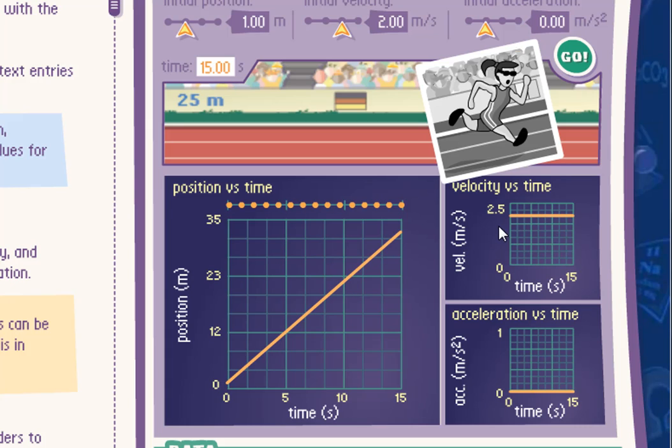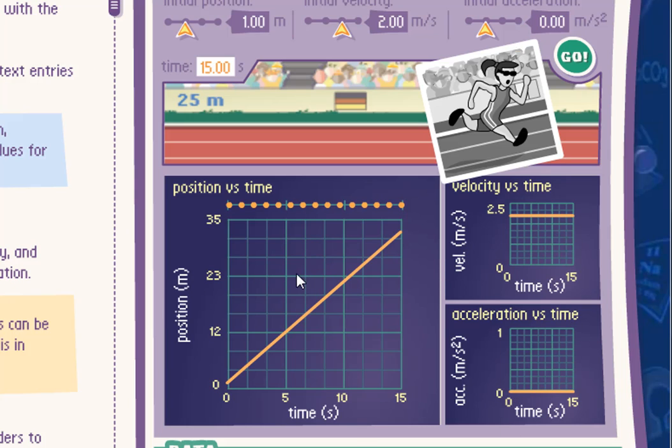But now if I graph the velocity as a function of time, in other words, how is the velocity changing with time? Well, it's a constant velocity, and that velocity is at 2. It never changes, so the graph for velocity is a flat line staying at 2 meters per second. And of course, since it's not getting any faster, there's not going to be any slope on the acceleration graph.